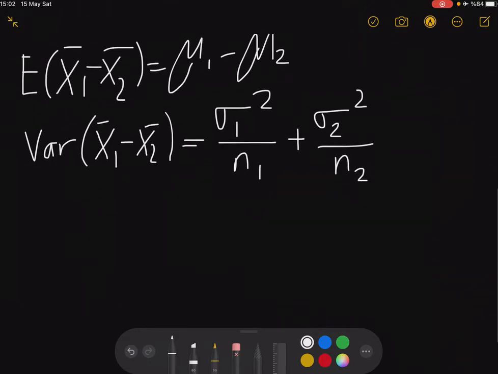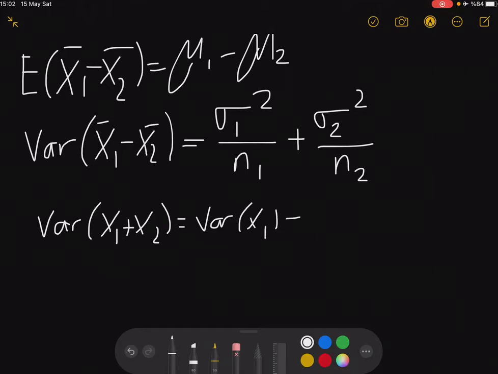Because suppose that you're curious about variance of x1 plus x2. It's variance of x1 plus variance of x2.